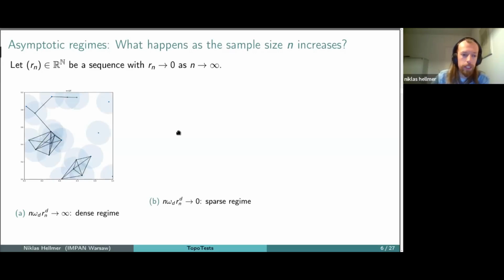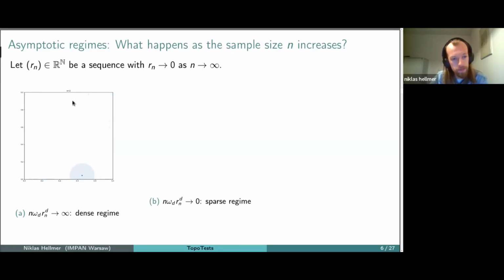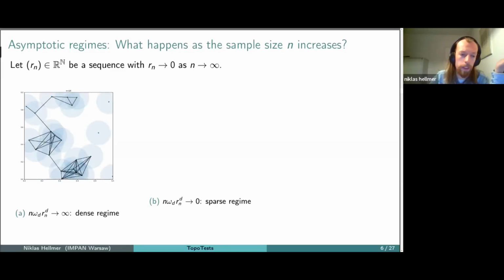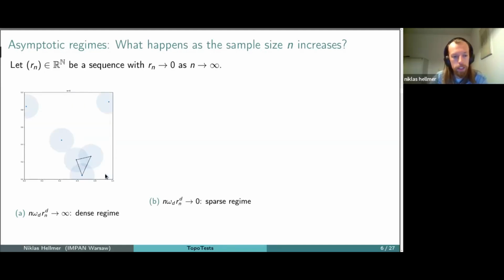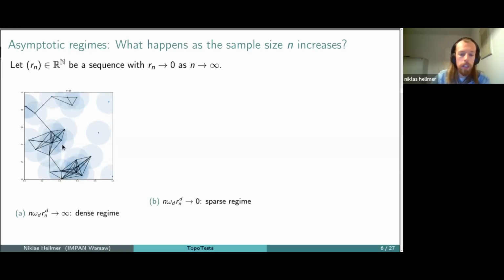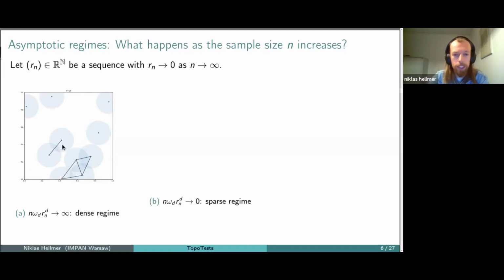Okay, now if you increase the sample size and you keep the radius constant, then you densely sample your unit square in this case, okay? So this union of balls will become contractible. This is called the dense regime, right? For, I guess, really obvious reasons.